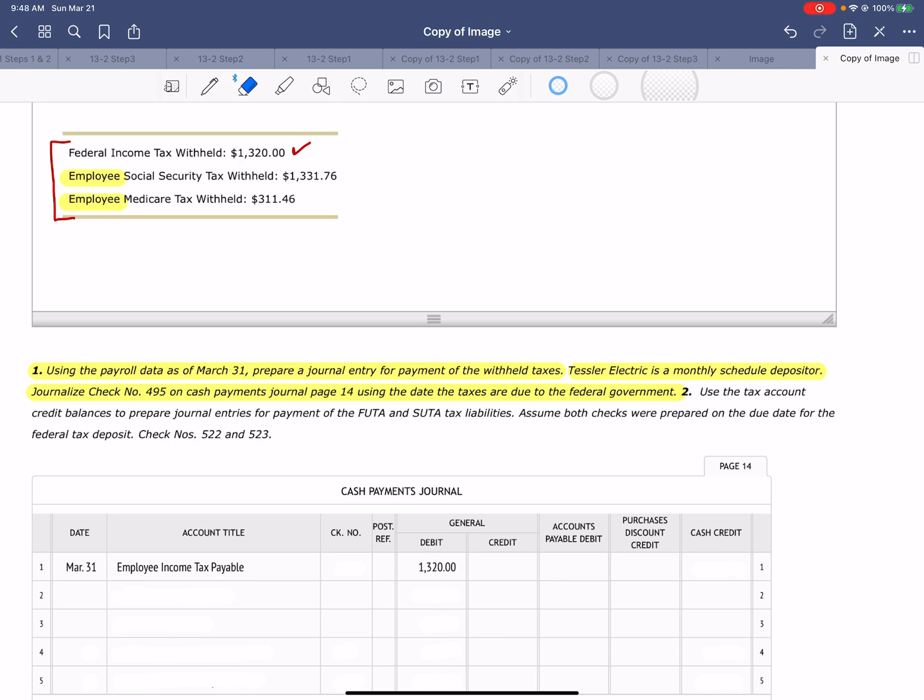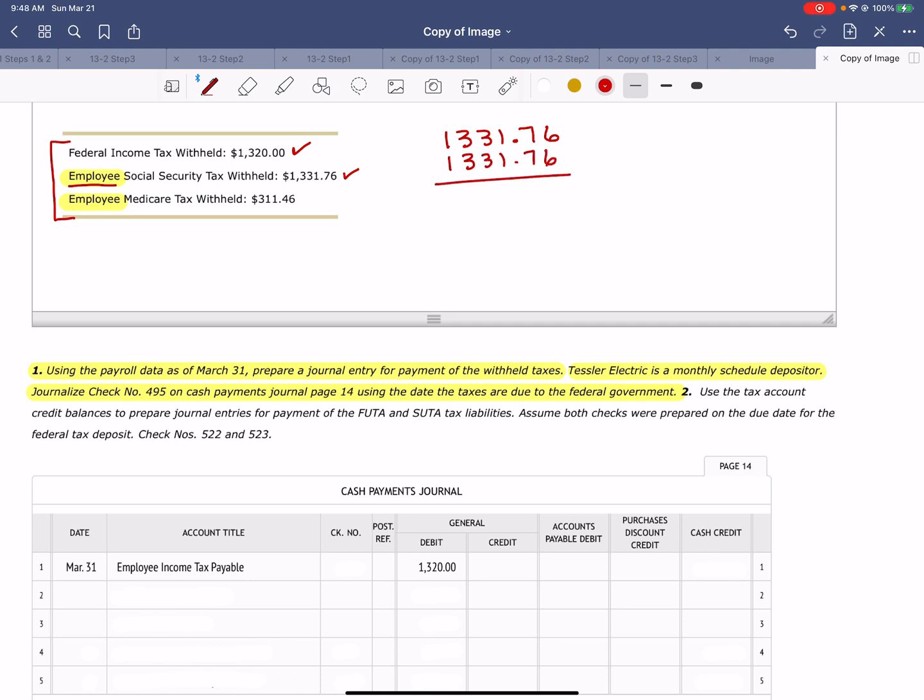Okay, our second tax that we have is employees, notice the word here, employees Social Security tax withheld. Remember, the employee pays $1,331.76 and the employer matches it, $1,331.76.